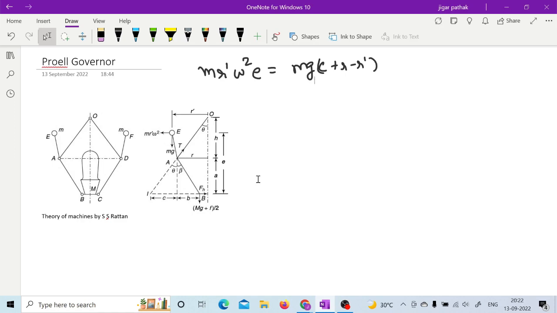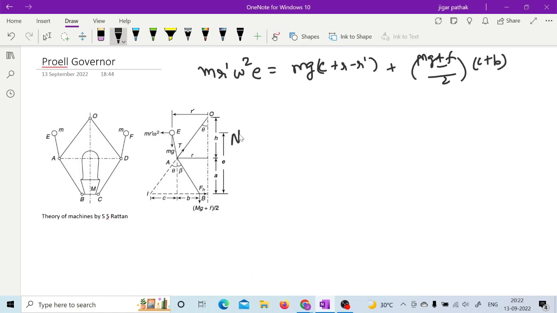So if you write this equilibrium equation in case of Porell governor like this, and then you simplify it as we have simplified in the previous case, then what you will get is this.